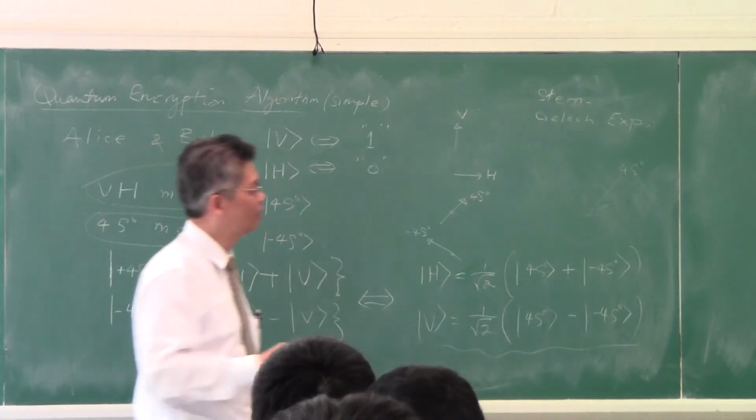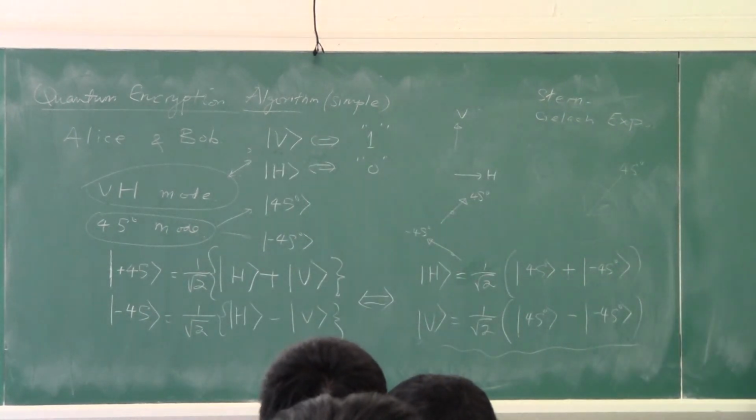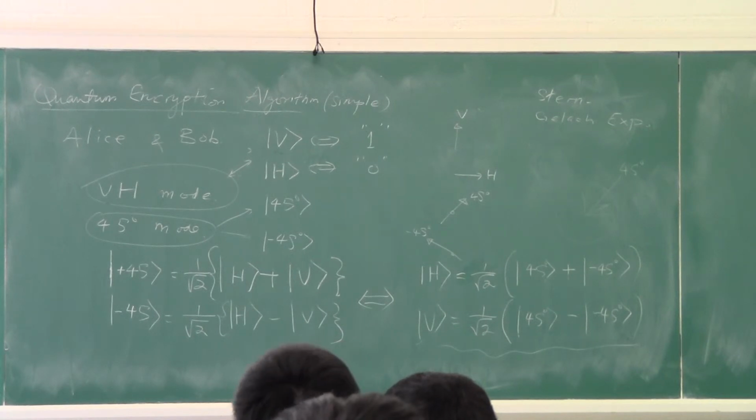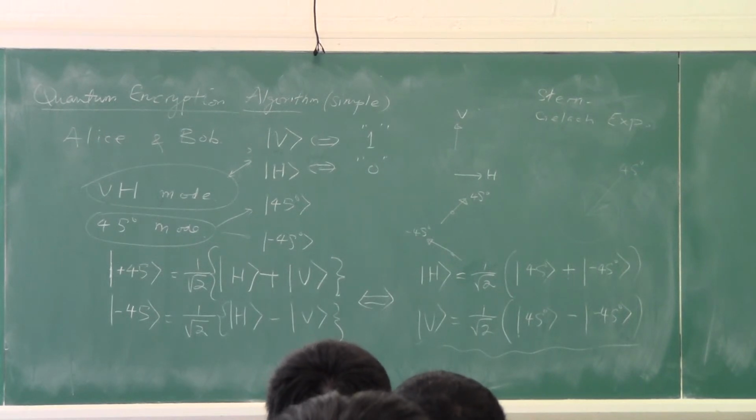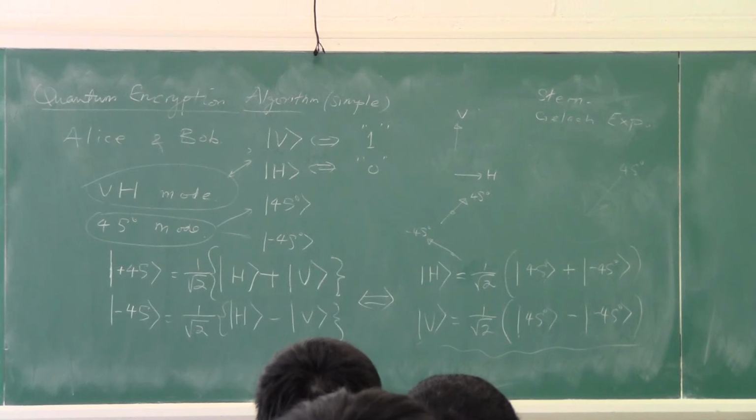So of this 50% time, 25% correct, 25% wrong. This is misaligned polarizers.